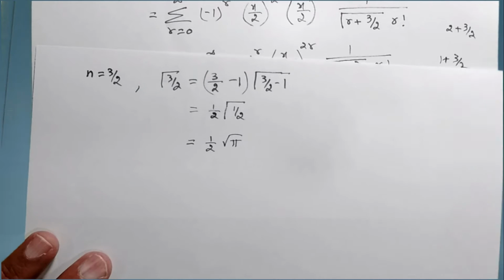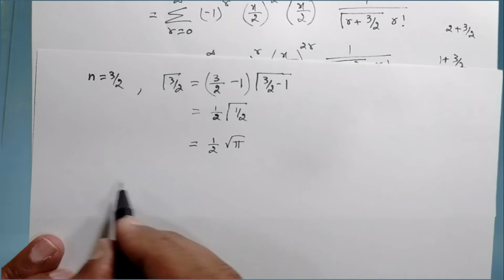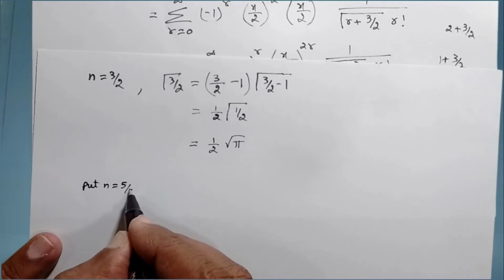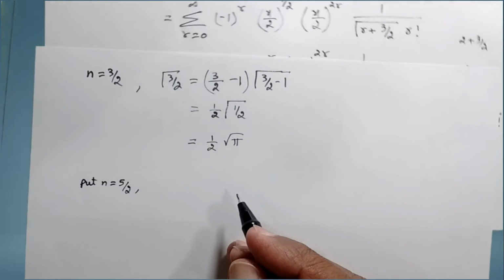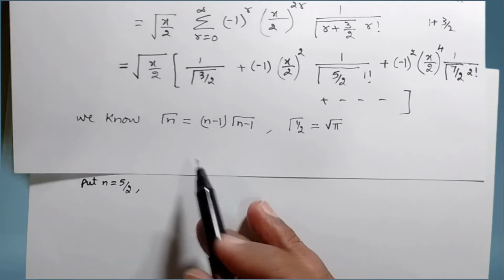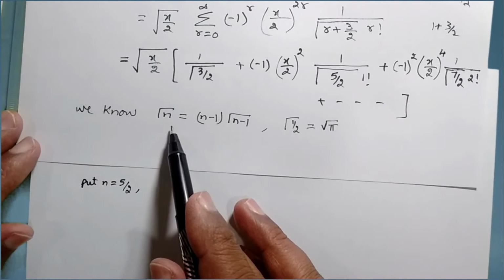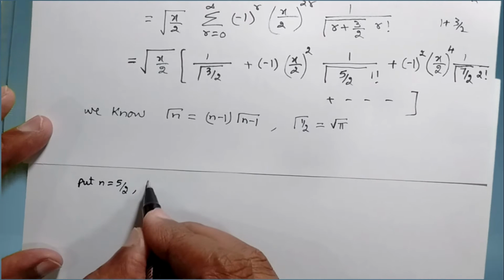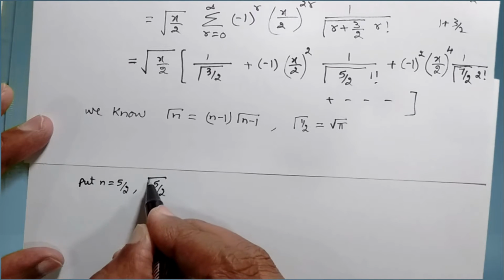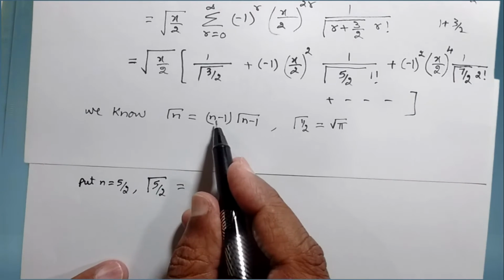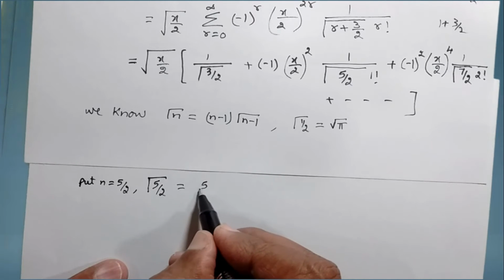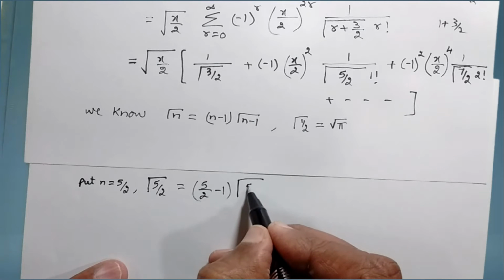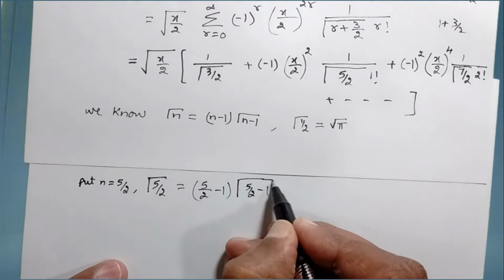Now further we need to find gamma of 5 by 2. So once again put n equal to 5 by 2 in the same result, gamma of n. Gamma of 5 by 2 will be equal to 5 by 2 minus 1 into gamma of 5 by 2 minus 1.